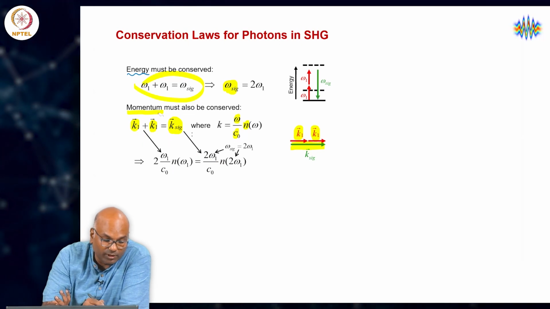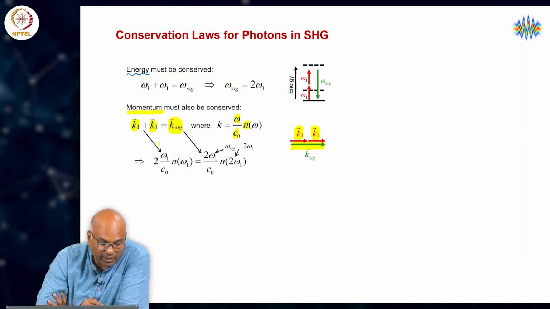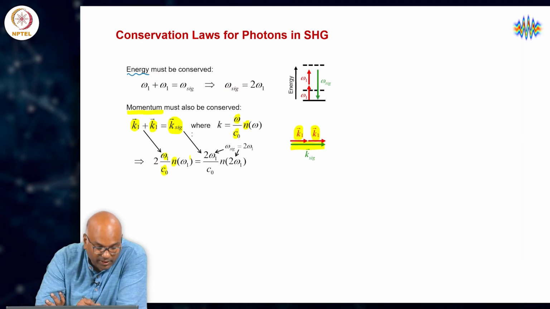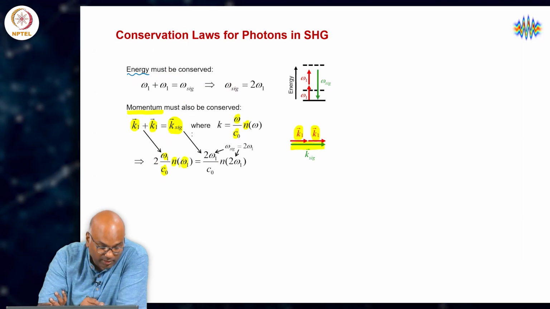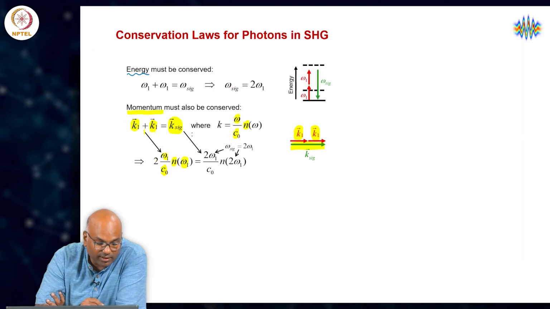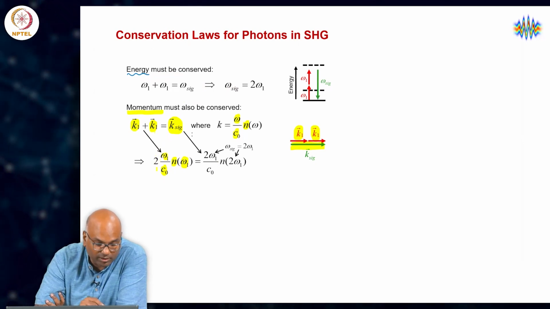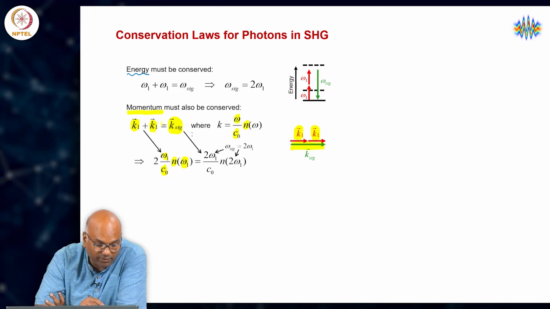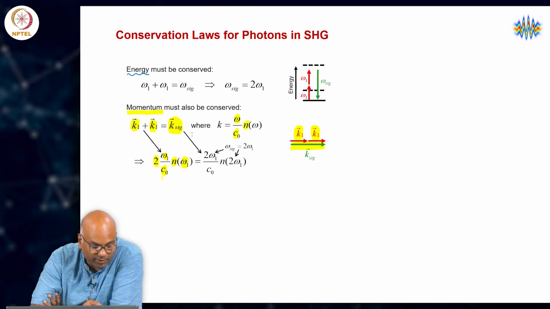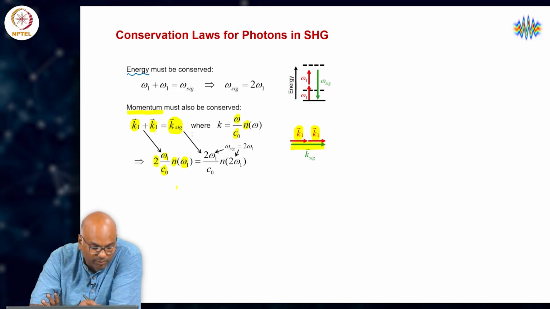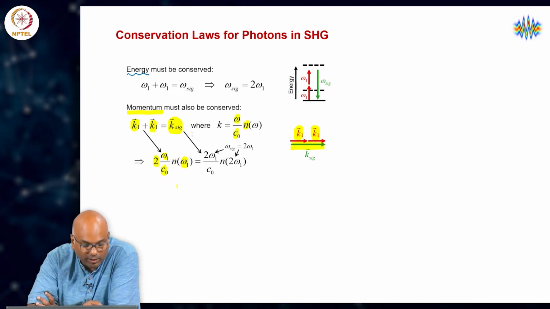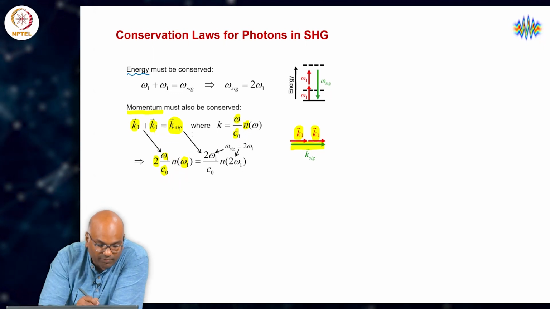The magnitude of the first vector k 1 is omega 1 divided by c naught multiplied by n at omega 1. There is another contribution from the second vector. So, on the left hand side, considering the magnitudes, since the directions are parallel for all three vectors, we get twice omega 1 divided by c naught times n at omega 1. Note that this n is determined at omega 1, whereas on the right hand side, we do the same for k signal.